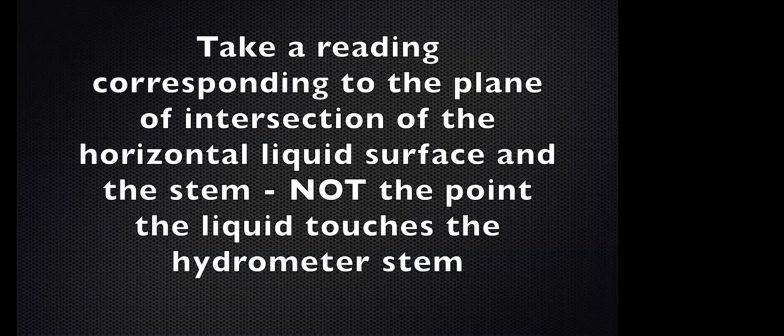Yes, so we take a reading corresponding to the plane of intersection of the horizontal liquid surface at the flat part, and not the point the liquid touches the hydrometer. So maybe now you move on and we see that flat line.